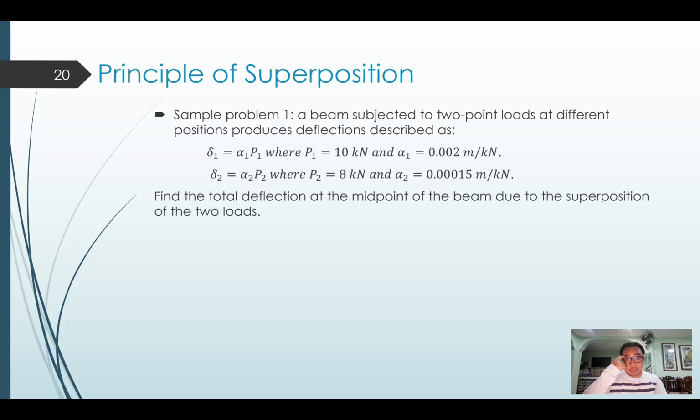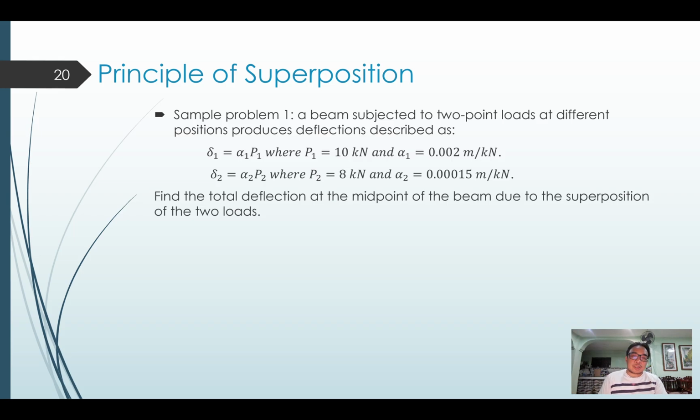produces a deflection described as delta 1 is equal to alpha 1 times P1, where P1 is 10 kilonewton and alpha 1 is 0.002 meter per kilonewton. And delta 2 is equal to alpha 2 times P2, where P2 is equal to 8 kilonewton and alpha 2 is equal to 0.0015 meter per kilonewton.